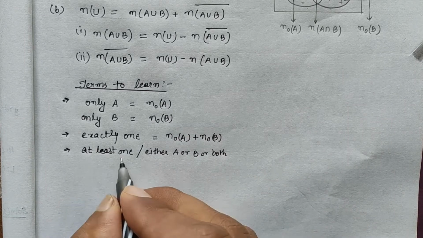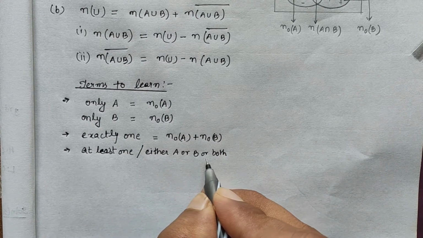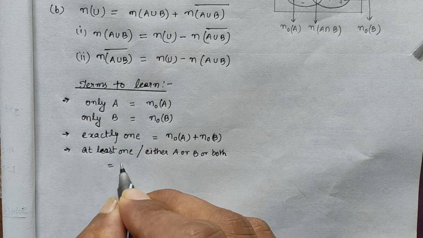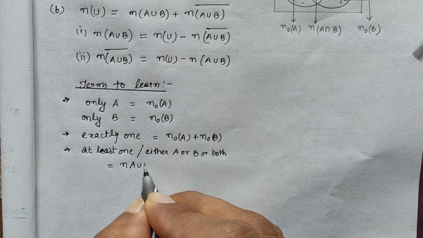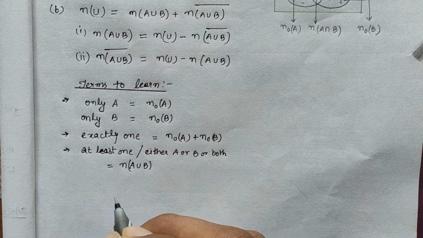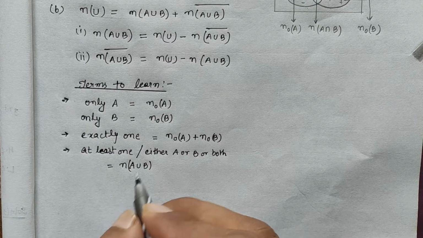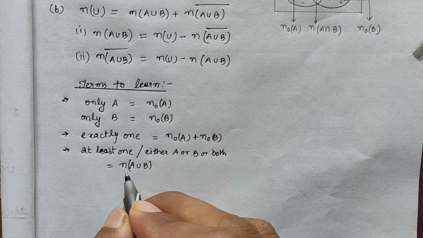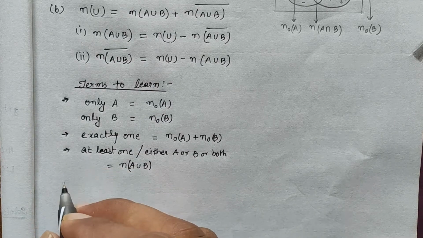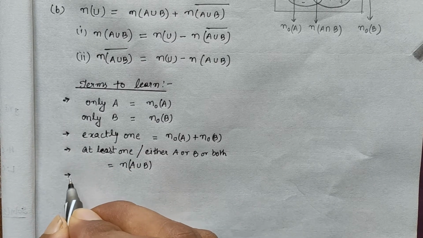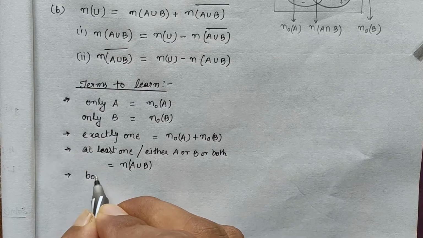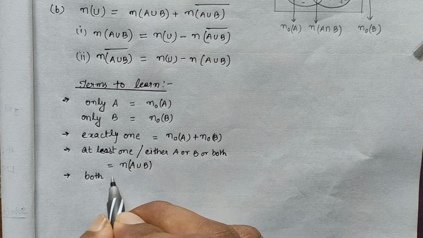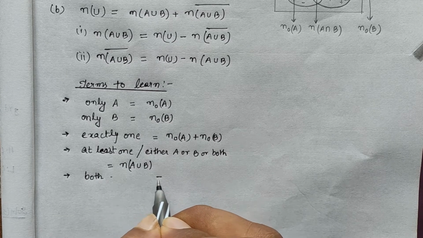If the question says at least 1, or either A or B or both, then at that time you have to find n of A union B. Again, if the question says find A both, then you can write like this.